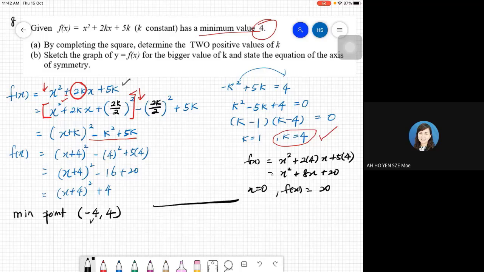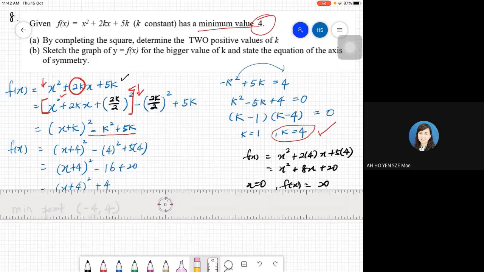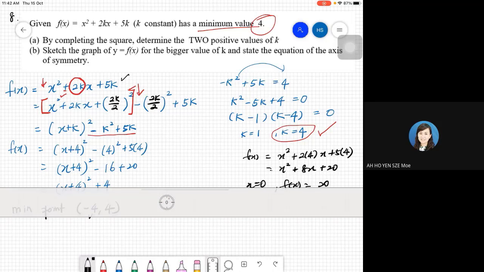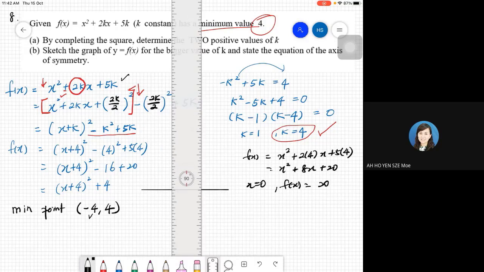I use free hand. I should use the ruler actually. When sketching, it means that there's no need to use graph paper. So negative will be on the left side.